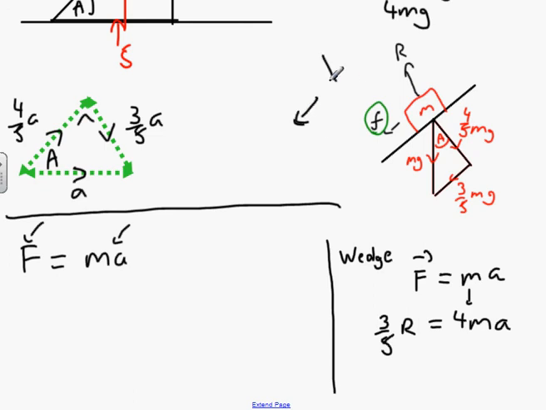So let's do the across one. What forces are dragging that across the plane or down the plane? Anybody tell me? 3 over 5 mg. Good man. And then the mass, it's just m, isn't it? Okay. And then what about the acceleration?